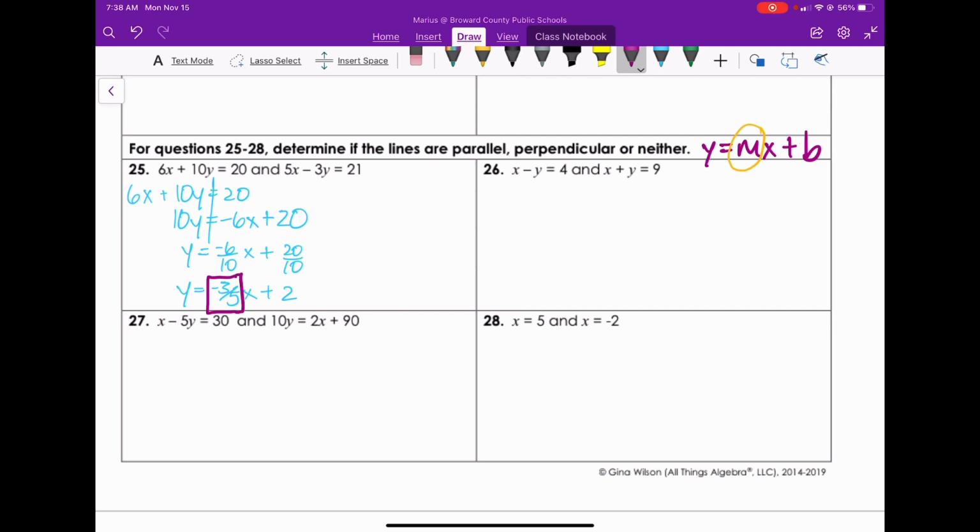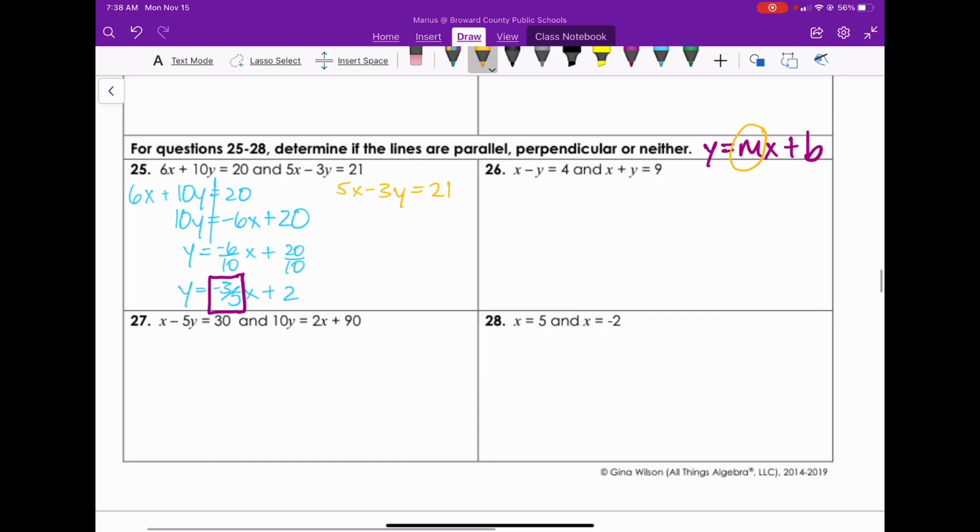Now we need to do that for the second equation. We have 5x minus 3y equals 21. That's going to be negative 3y equals negative 5x plus 21, okay? Because we have to subtract 5x from both sides.